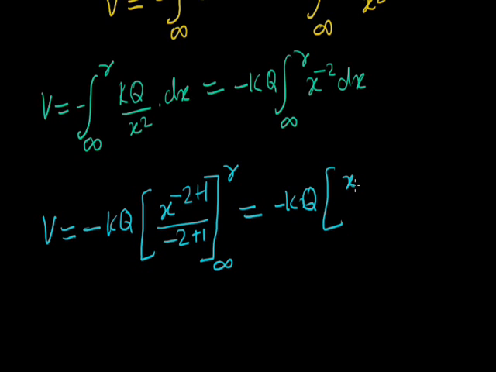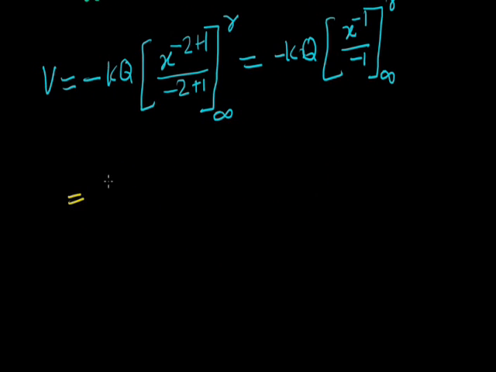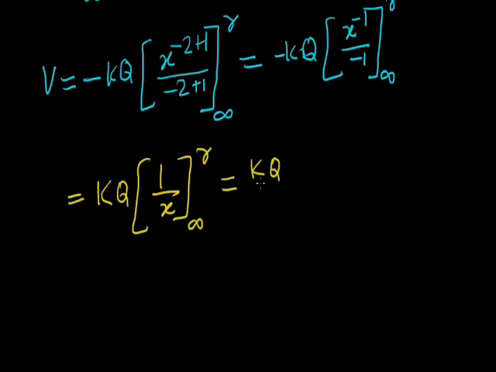Minus KQ, x raised to the power minus 1 upon minus 1, infinity to r, which is one upon x from infinity to r, KQ upon r. So we are getting V at a point r as KQ upon r.